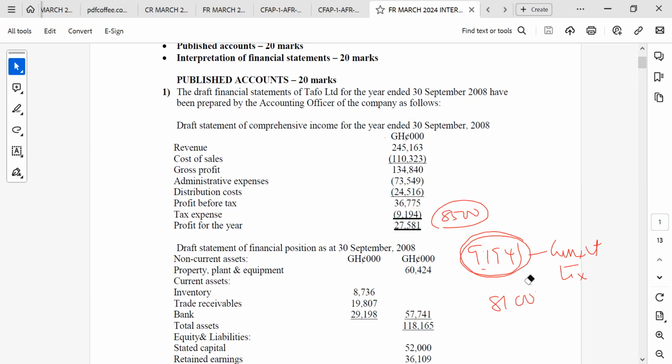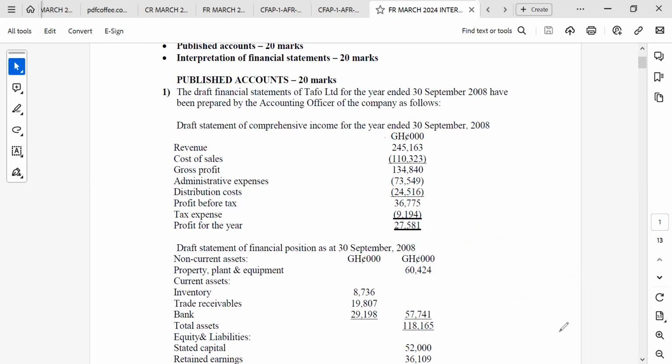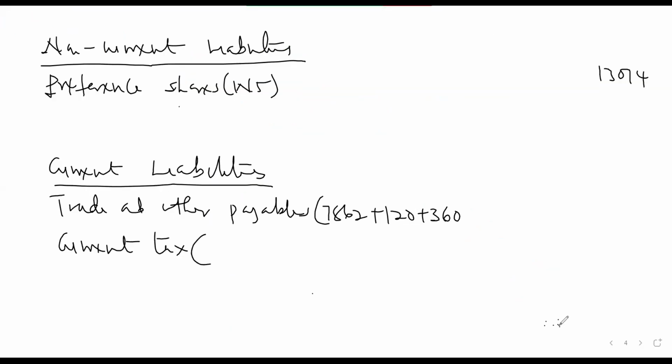But since we have the same figure, it means that there was no issue of under and over provision. All right, so the current tax should now be 8,100. So you can have the 9,194 over here and subtract a figure from it to have the 8,100, or someone can just bring the 8,100 over here straightforward.